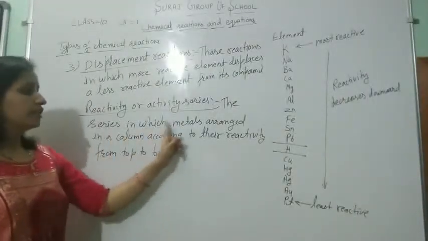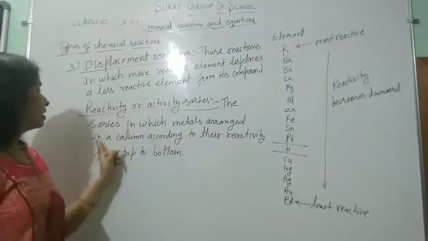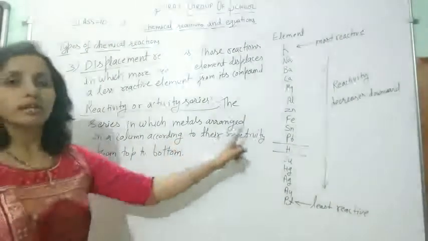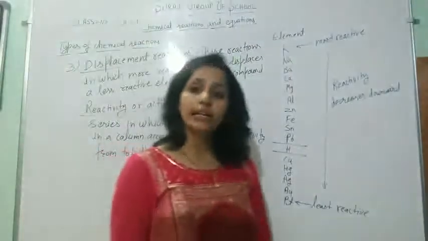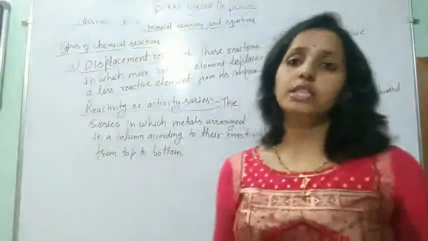The series in which metals are arranged in a column according to their reactivity from top to bottom is known as reactivity series or activity series of metal.